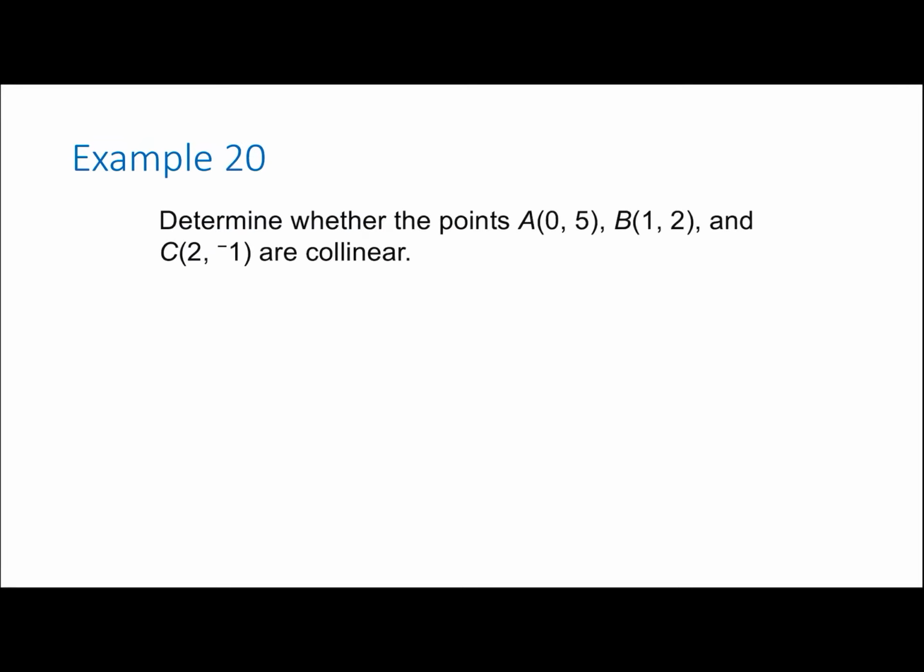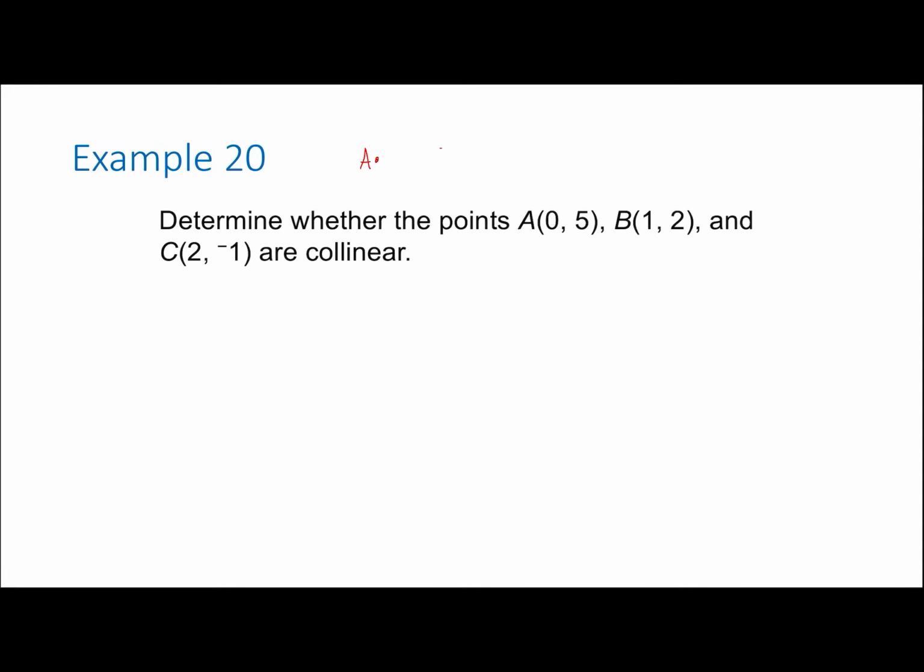All right, so look at this next one. It says that we want to determine whether the points (0, 5), (1, 2), and (2, -1) are collinear. Now, think about this for a minute. If they are collinear, then the length from A to C, so let's kind of play this out for a second.